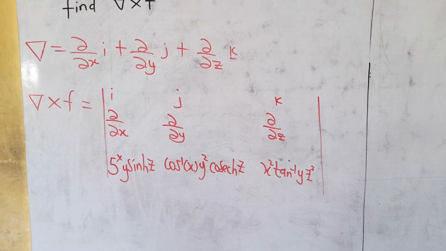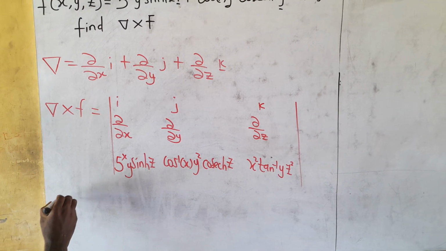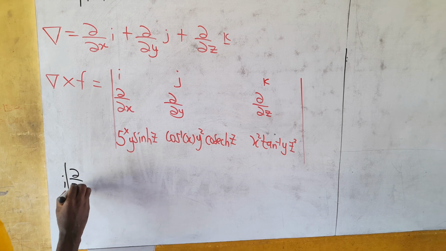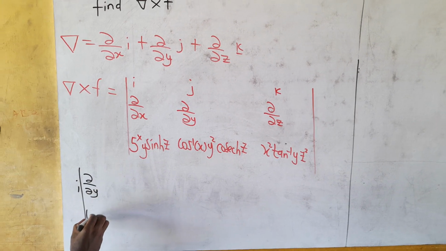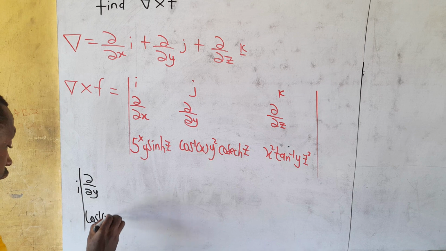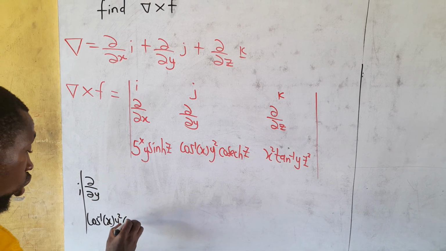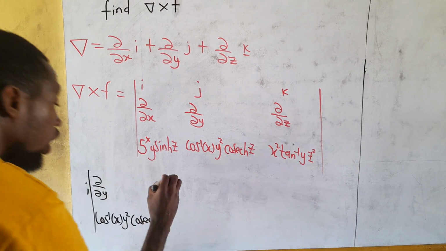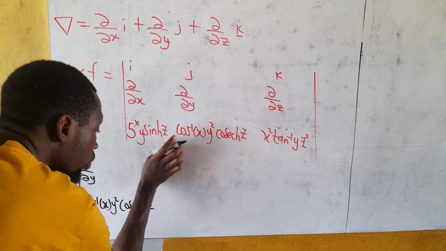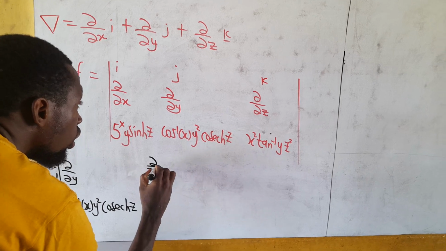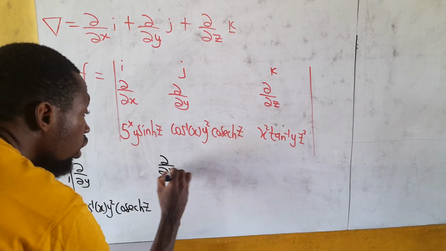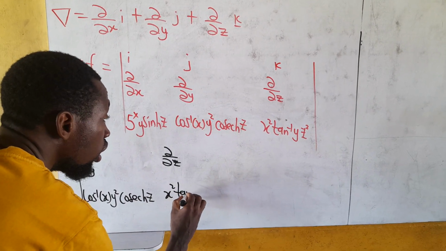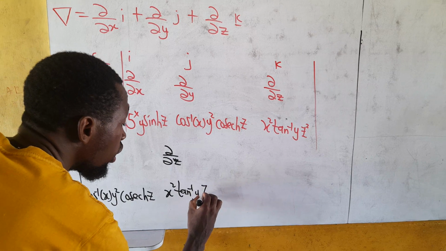So what will be the determinant of this matrix? It will be i, the determinant of what is now under the i. That's del over del y, cos inverse of x y squared cosec z. Then del over del z, we have x squared tan inverse of y z cubed.